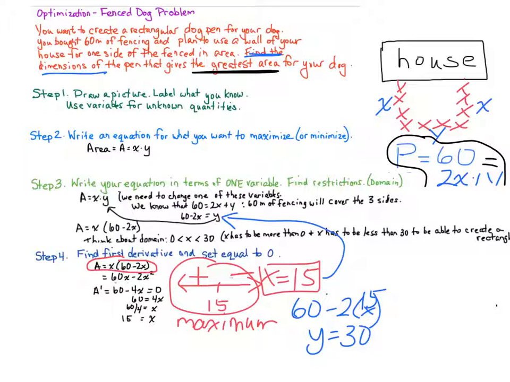So that means our dog pen needs to be 15 by 30 meters. Or, in our picture, this is 15 and this is 30.